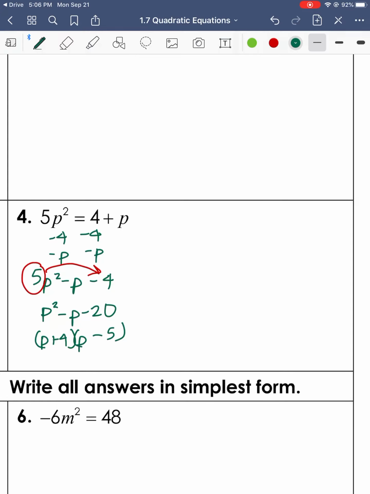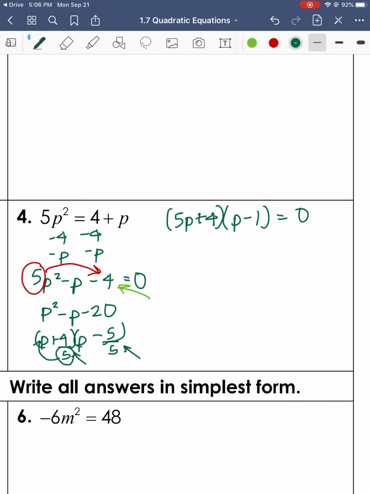Then we're going to undo this multiplication here by dividing both of these by 5. Okay, we see this is going to reduce to 1. This is not going to reduce, so we're going to take this denominator and move it up front. So now our factors are 5p plus 4 equal to 0, and p minus 1 equal to 0.